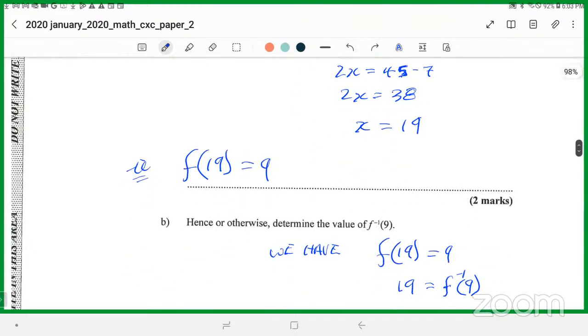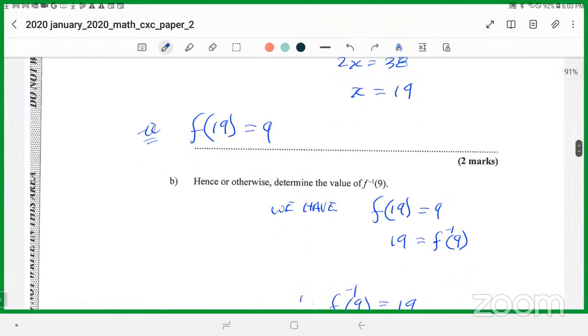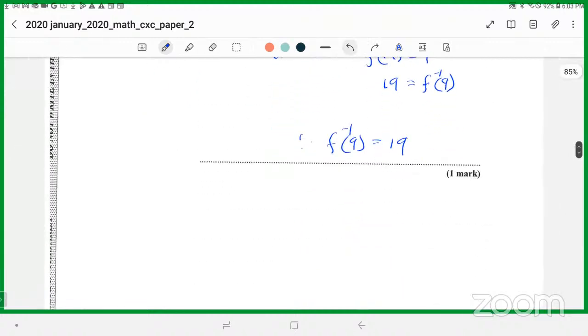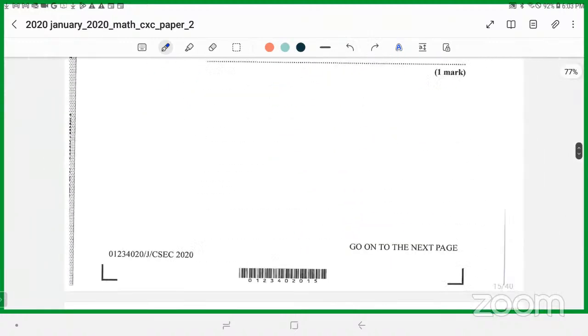So it means that 19 is mapped onto 9 with the function f. So f to the minus 1 of 9 is taking it back to the 19. You're reversing the mapping. That is that. So that's 19 here as well. Boom, bang, boom, bang.